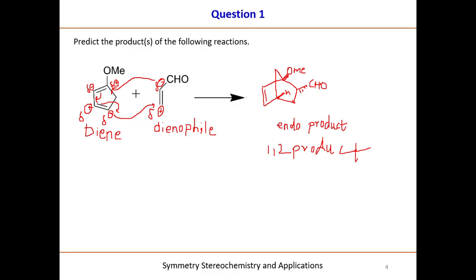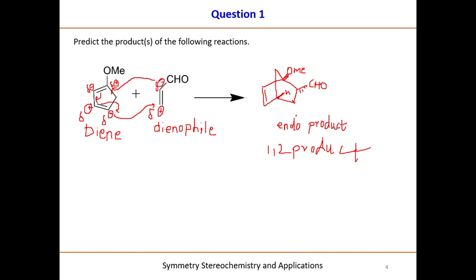But along with that, we have observed that the endo product is formed because of the secondary orbital interaction between the pi bond and this carbonyl carbon oxygen pi bond. Because of secondary orbital interaction, this endo product is more stable.